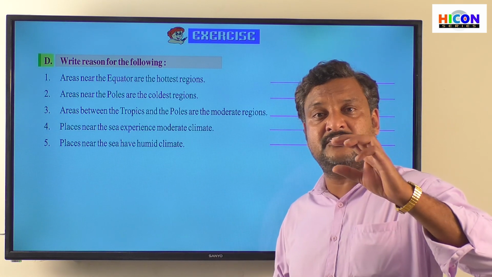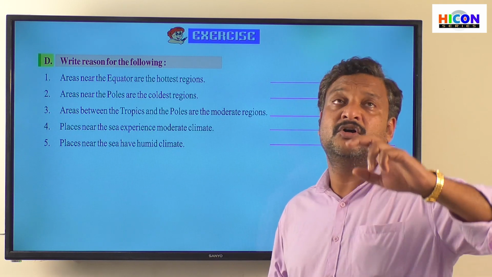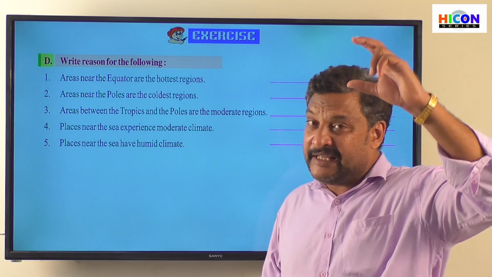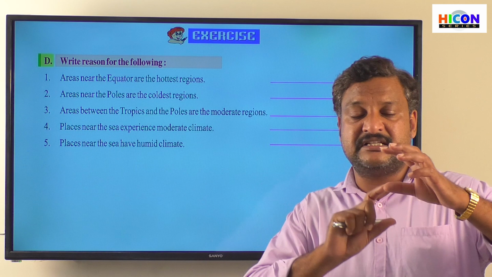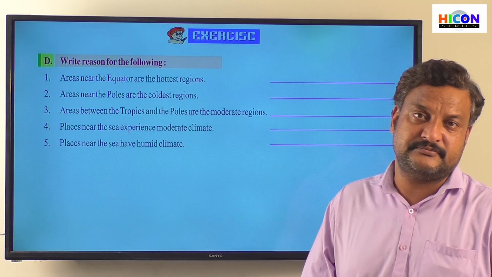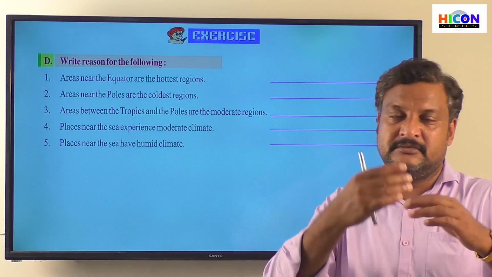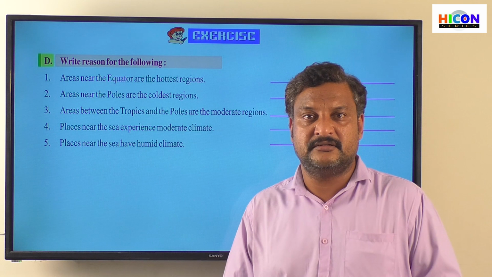The Tropic of Cancer and Tropic of Capricorn is the torrid zone, very hot. The polar region is very cold. In between, we have the temperate zone. The change is happening from the hottest to the coldest. Obviously, it will be neither too hot nor too cold.